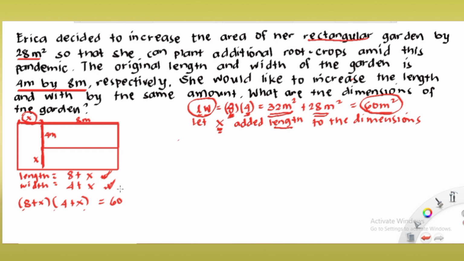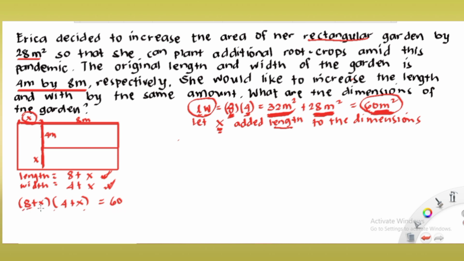Alright? So, again, from 32 meters squared, yung area ng lumang garden, pag dinagdagan ng 28 meters squared na gustong idagdag ni Erica, that will become 60 meters squared, which will be the new area.